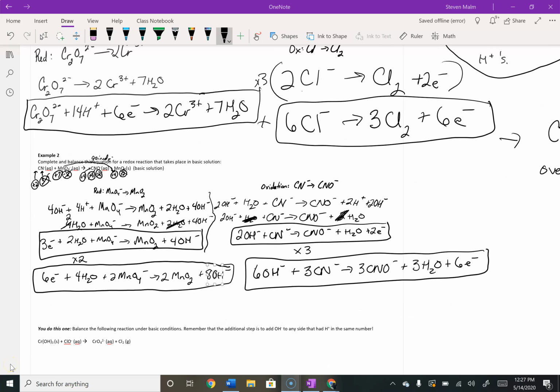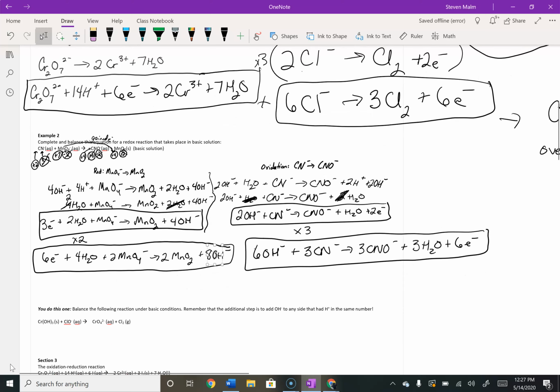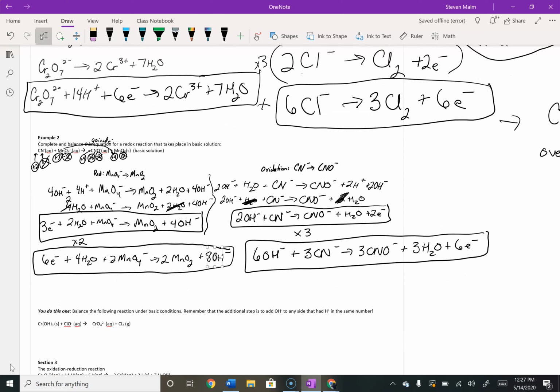Okay, after looking at the length of this video, I'm just going to finish this problem, and you're going to do this first one, then I'll film a video that has sections 3, 4, and 5 in it, and it'll be much shorter. Okay, so add these two together. Everything on the left stays on the left.